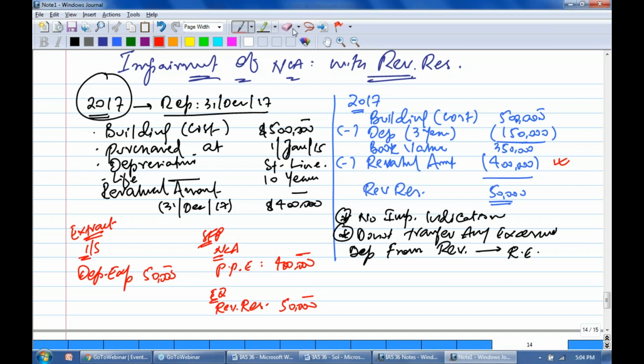Okay, it's very simple. I'm going to change a little bit here for the simplicity of the calculation. That is 420,000, and this is 70,000.